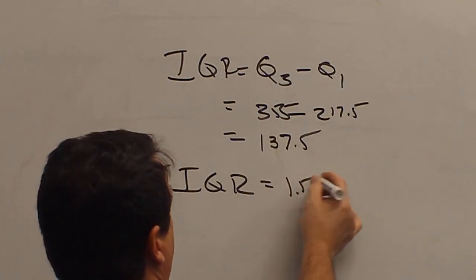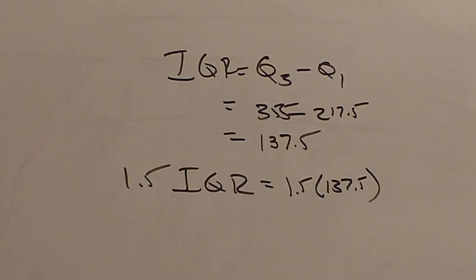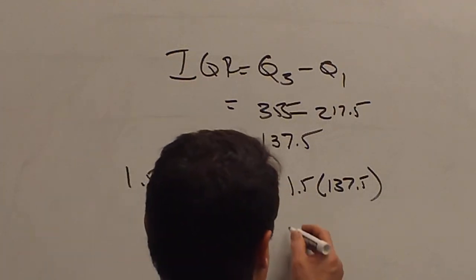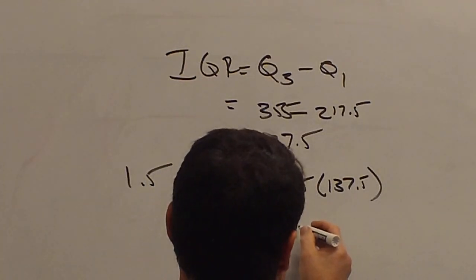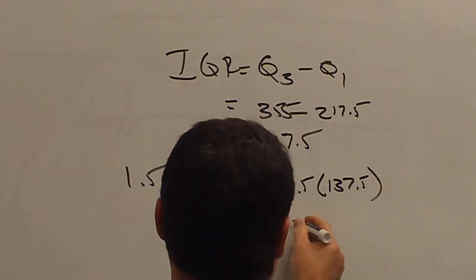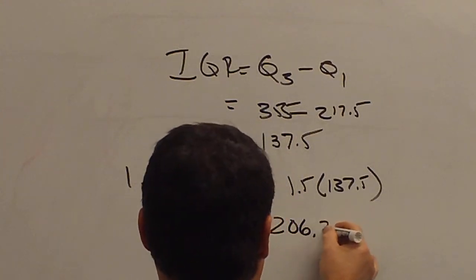So then we have to multiply the IQR times what? 1.5. So 1.5 times 137.5 is 206.25.